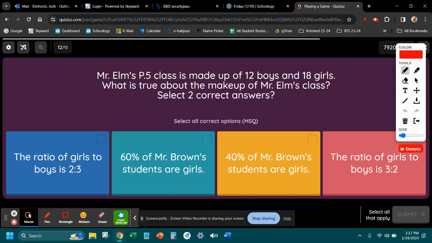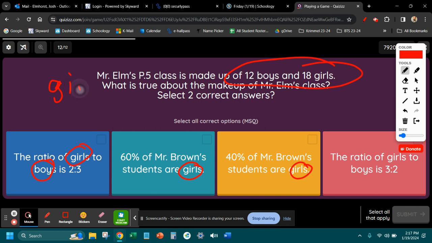Mr. Elmhorst's fifth period class is made up of 12 boys and 18 girls. What's true about the makeup of the class? So we're going to set up boys to girls, but if you look down here, the ratios, it says girls to boys. Girls to boys. So you're going to set up the ratio girls to boys to match up your answers.